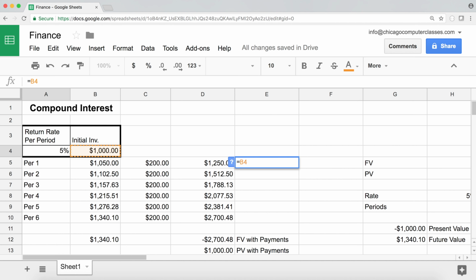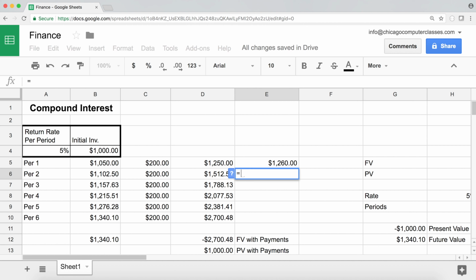So what I'm going to do instead, I'm going to say, let's take the B4, which is our initial investment, and I'm going to add my $200 to it. And then I'm going to raise this by my 1 plus my 5%. And I'm going to end up with this much.